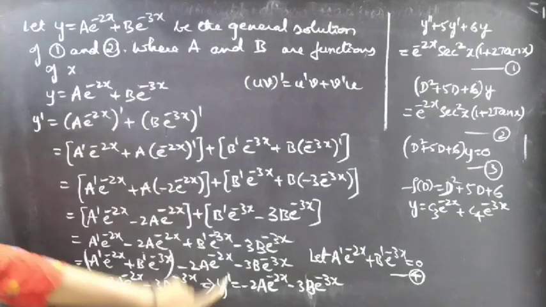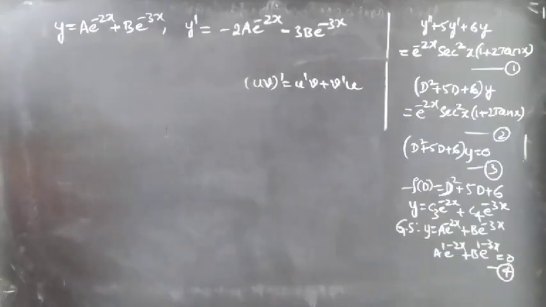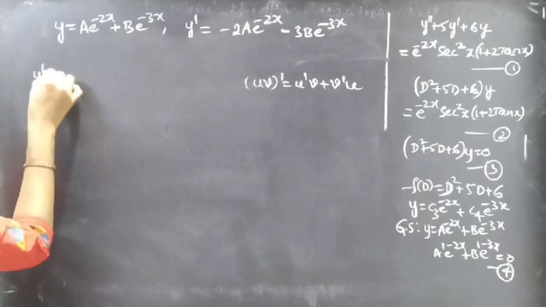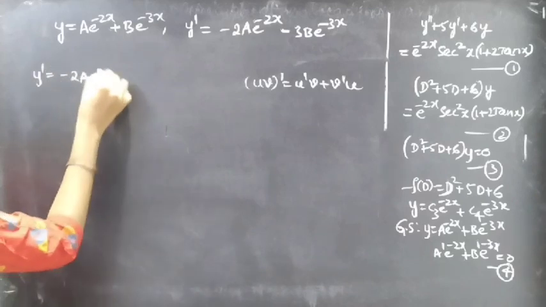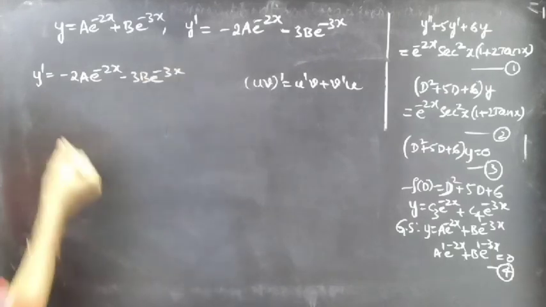We got y dash and we have y. Now we need to find y double dash. We have y dash equals minus 2a e power minus 2x minus 3b e power minus 3x, right? Let's find y double dash.